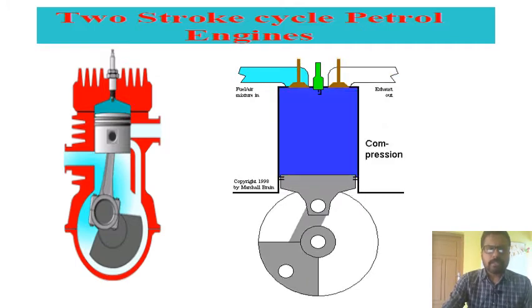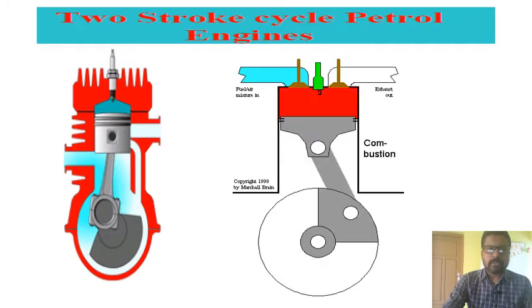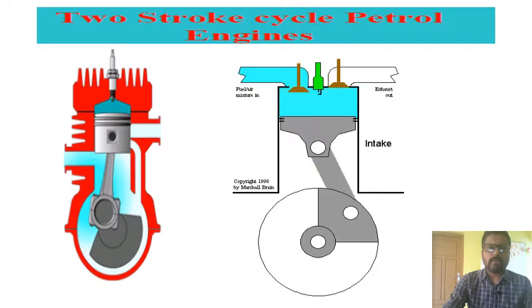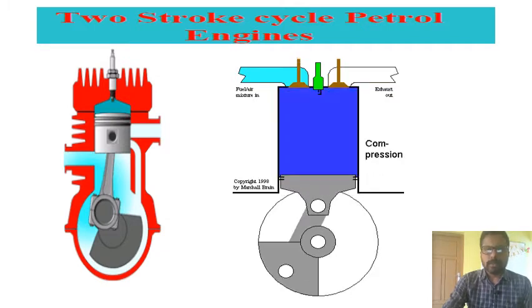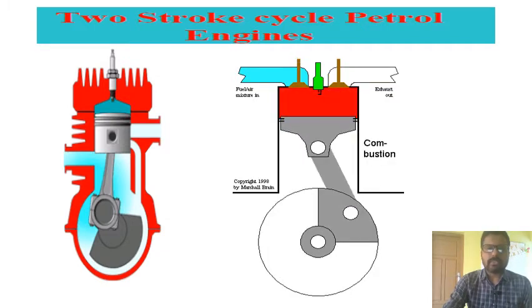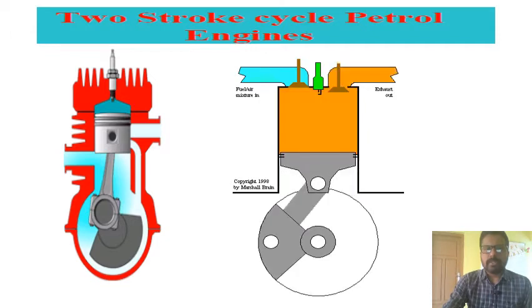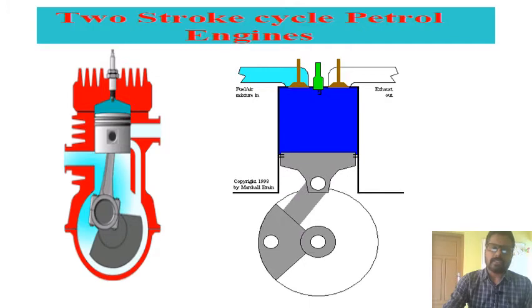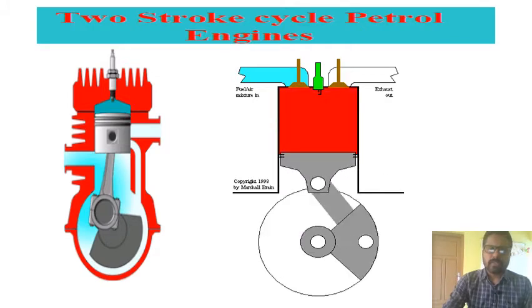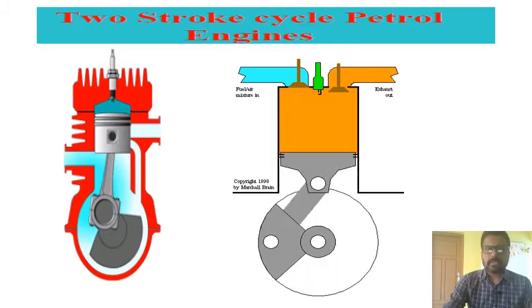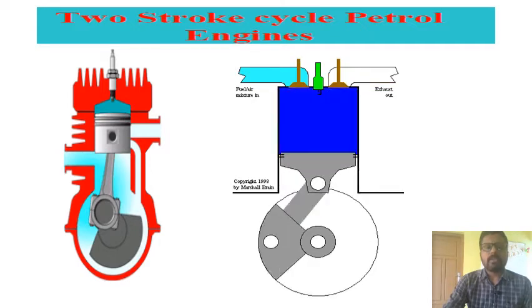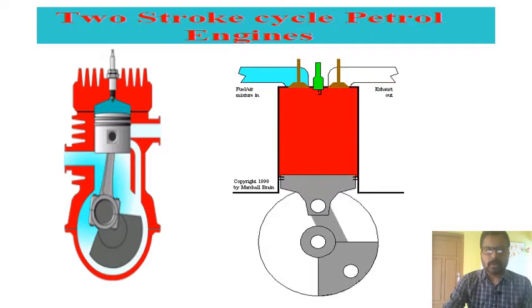Here it is a petrol engine. Last class we studied 4 stroke petrol engines, and in the comparison of petrol engine and diesel engine, we saw that in a petrol engine charge is getting inside the cylinder. What is charge? Charge means petrol air mixture.